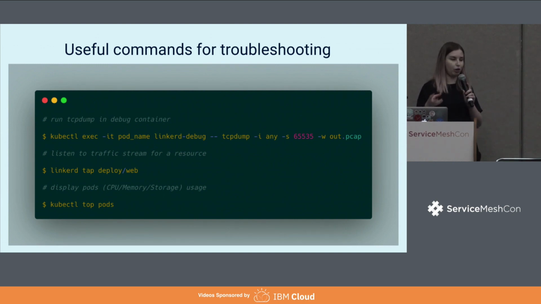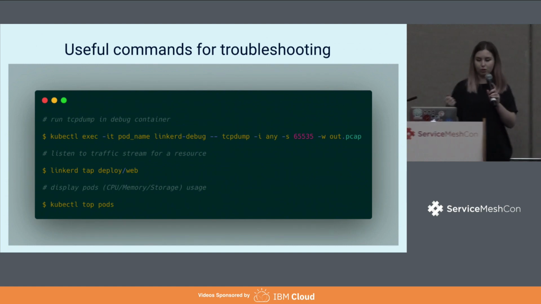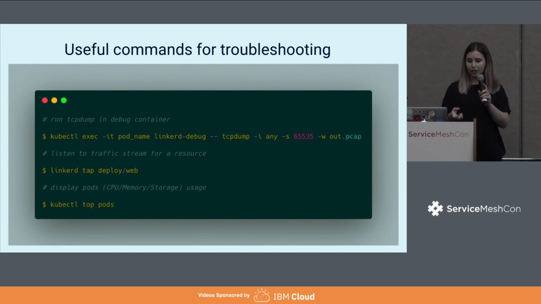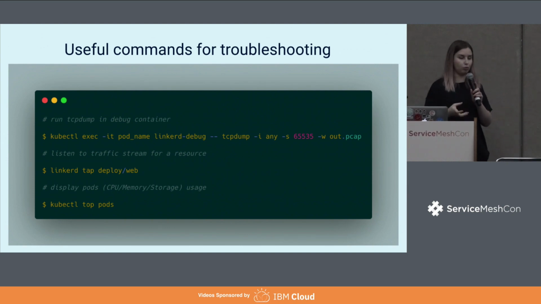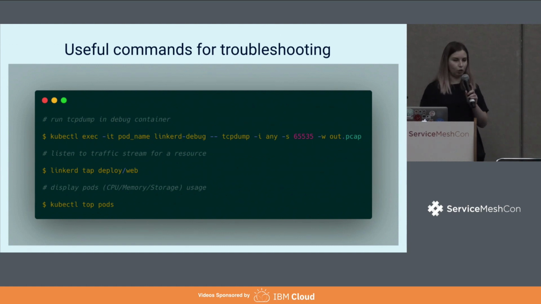Listening to a live traffic stream for a resource using Linkerd tap was really useful. And another command that was useful, specifically in the early days of Linkerd when we were seeing some additional latency when the application was meshed, was kubectl top pod. That could give us the resource consumption of each one of the pods, and we were able to compare them.